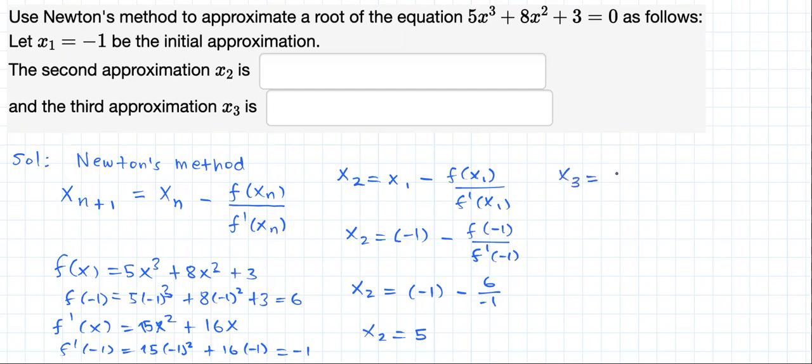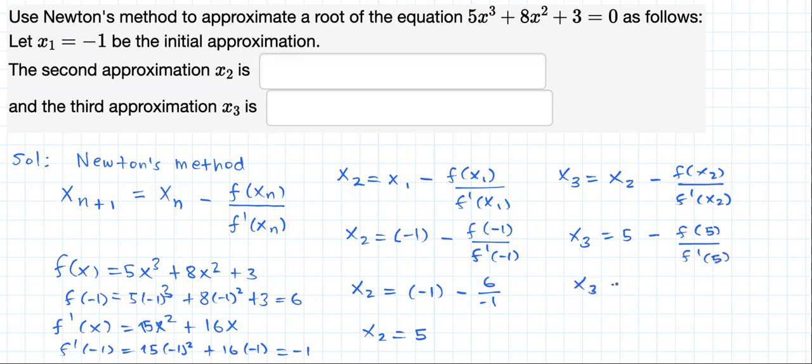Now let's compute x3. x3 should be the previous x2 minus f of x2 divided by the derivative of the function evaluated at x2. x3 should be equal to x2, which is 5, right? Minus our function evaluated at 5 divided by its derivative evaluated at 5.